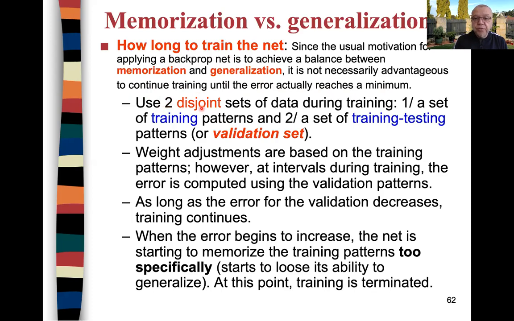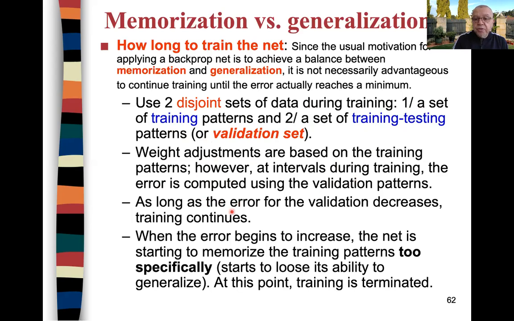You use, in this case, 2 disjoint sets of data during your training: the one that you use for training, and another subset called the testing or validation set. Weight adjustments are based on the training patterns. However, at intervals during the training, for example every epoch, you compute the error using your validation set.